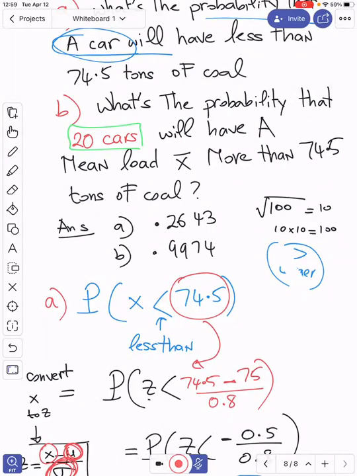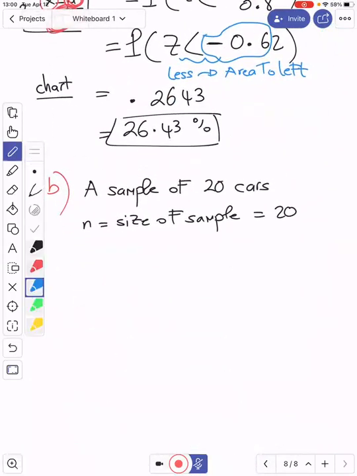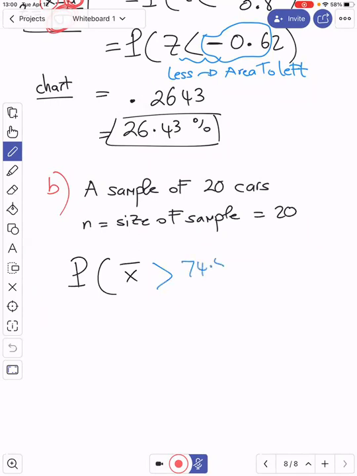So this is the average load, the mean load X bar, and we want it to be more than, that is larger than, 74.5.